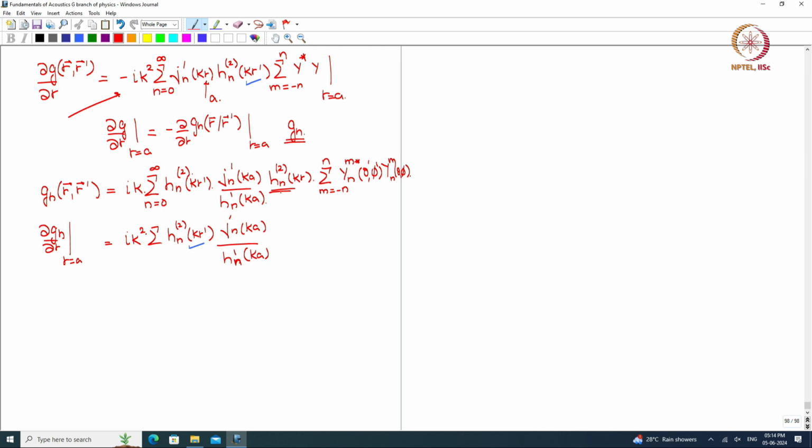Then here we took a derivative, so this will become h n second kind dash evaluated at k a, and this sum cancels with this. I have j n k a h n dash, h n k r dash, sorry, j n dash is there.